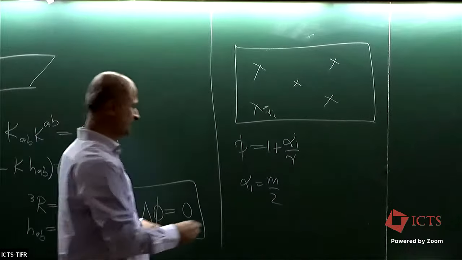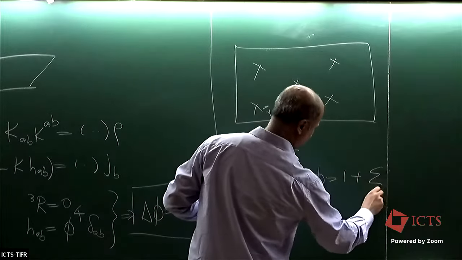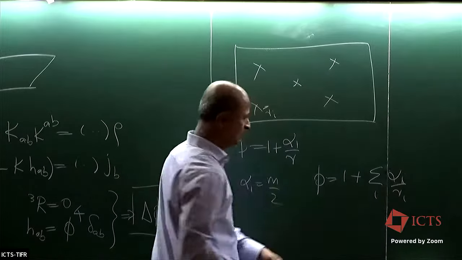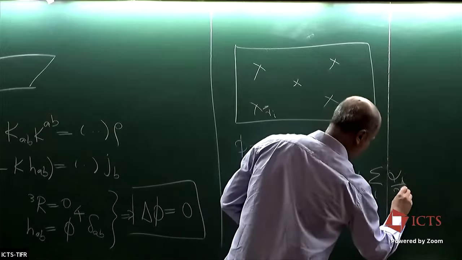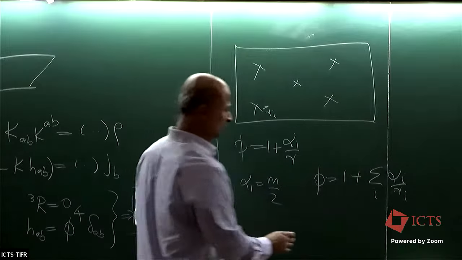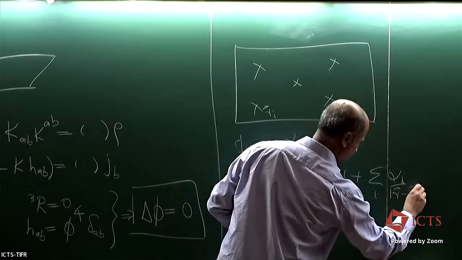And the solution is obvious. In this case the solution is 1 plus sigma over i of alpha_i upon r_i, where r_i simply means the distance to the ith puncture. Or if you wish to be very explicit, this is the magnitude of R minus R_i.